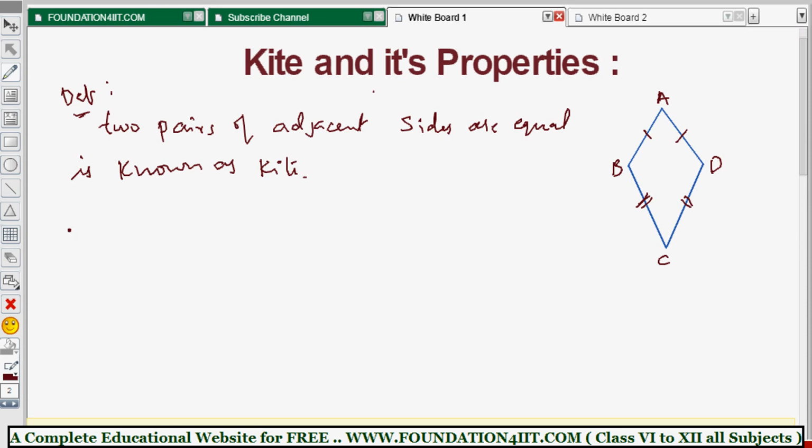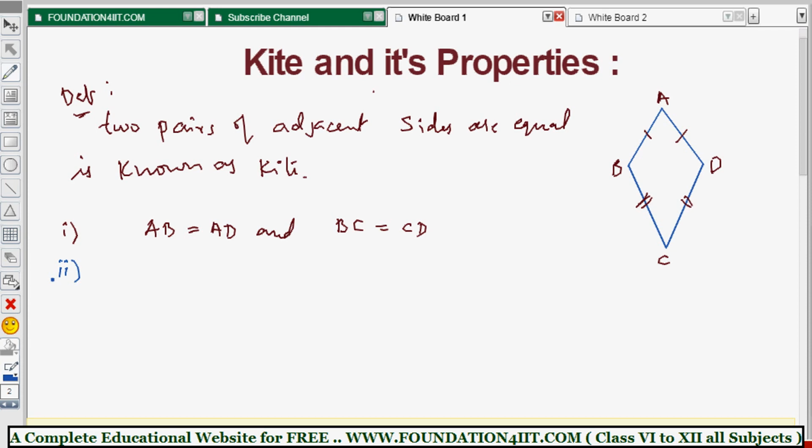When you see the properties one by one, the first property is that two pairs of adjacent sides are equal. That is from the definition: AB is equal to AD and BC is equal to CD.